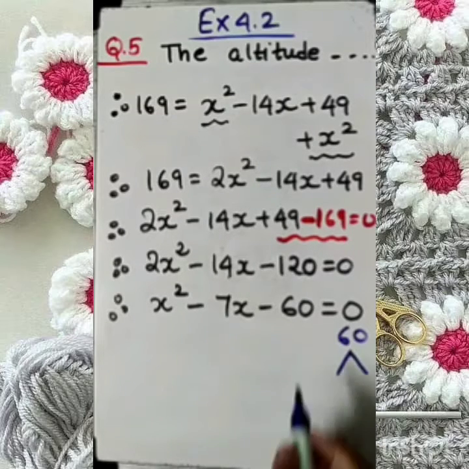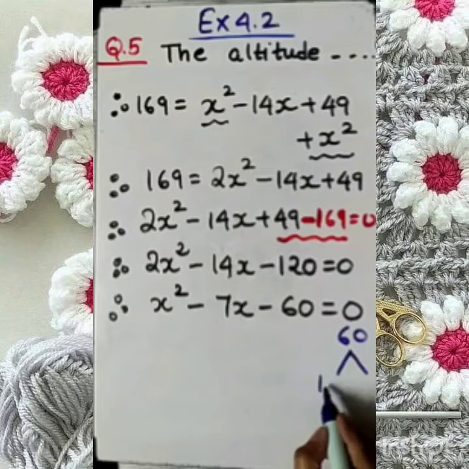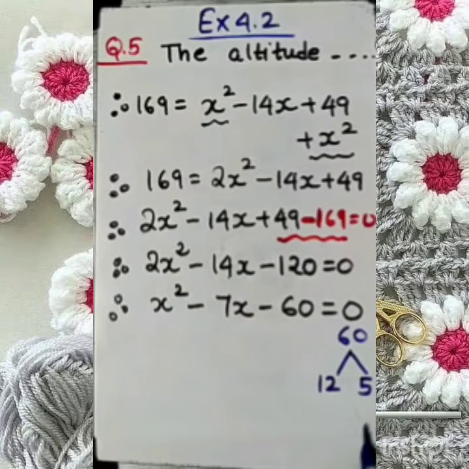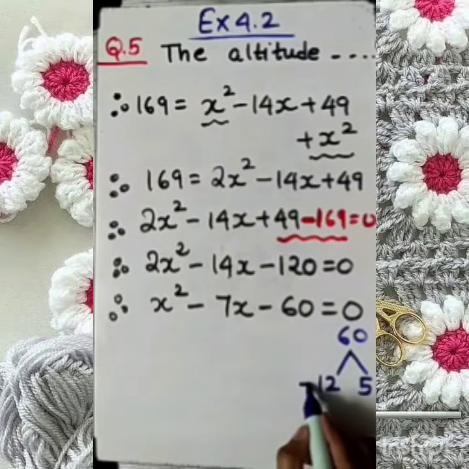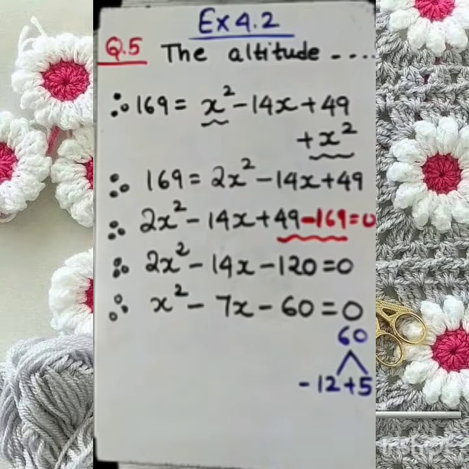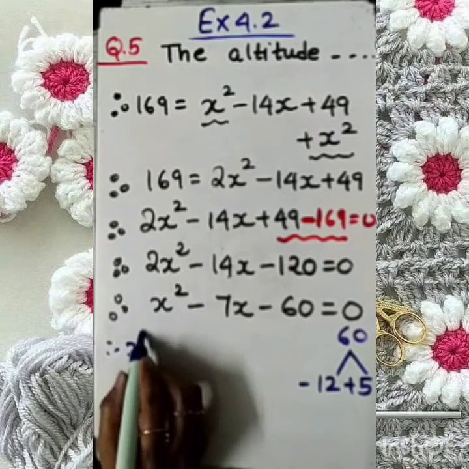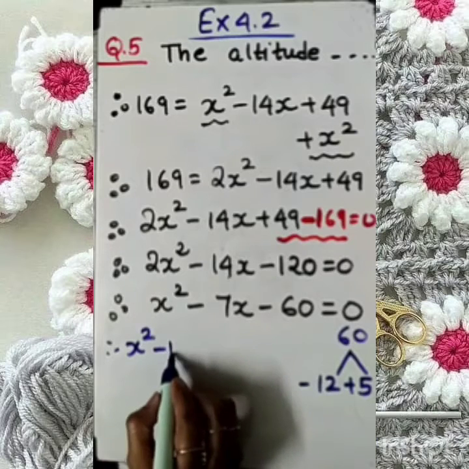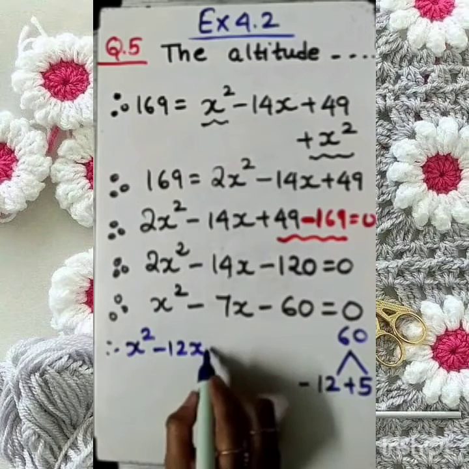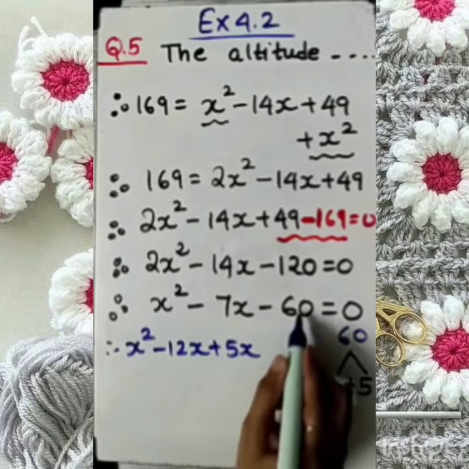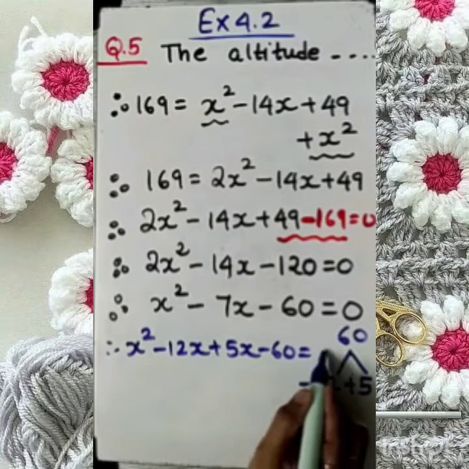So the factors of 60 are 12 and 5, 12 times 5 is 60, and if I subtract, minus 12 plus 5, I should have minus 7. So x square minus 12x plus 5x minus 60 equal to 0.